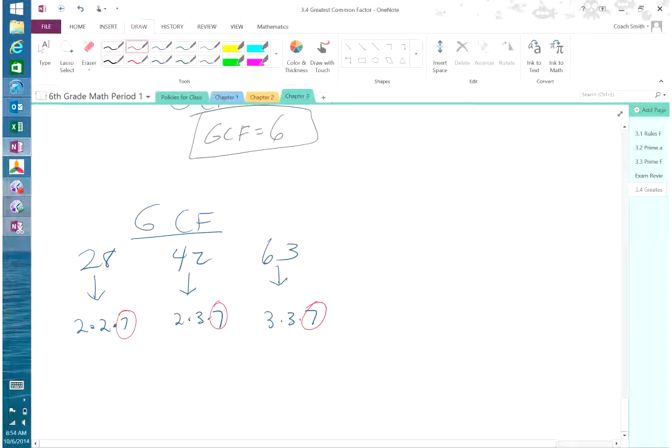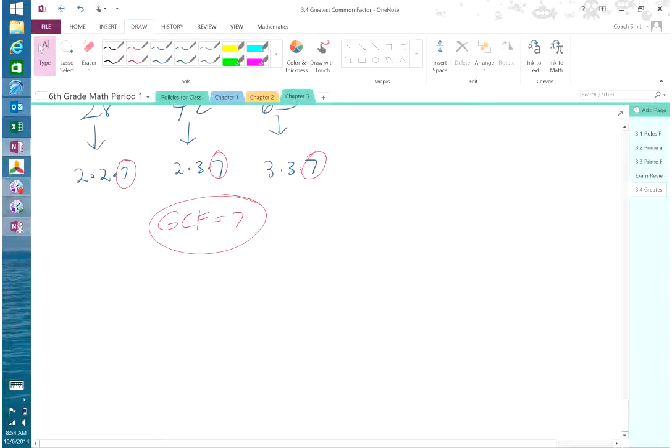Is there any other common one besides 7? No. So the GCF is simply equal to 7. If I took 7 times 7 times 7, I'd get a number a lot larger than 28, so I just write down the 7.